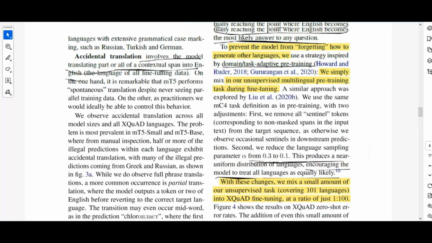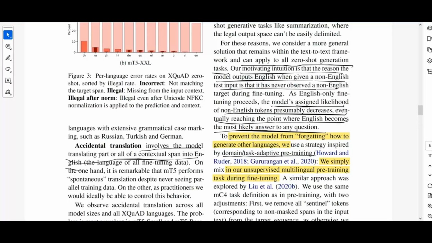Basically, they say that when you are fine-tuning the model, rather than fine-tuning it with one language, you also include a small amount of multi-language data. Similar to how this model was trained on 101 languages, you would fine-tune with the majority, let's say the English language, plus you would include a small amount of the data from those 101 languages.